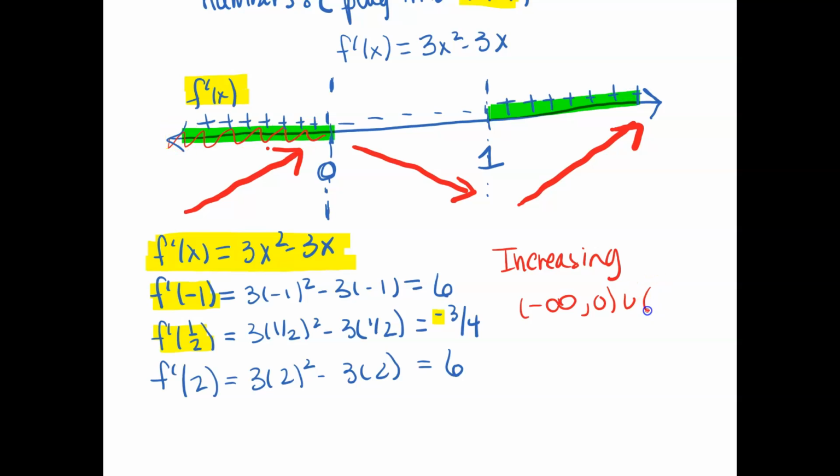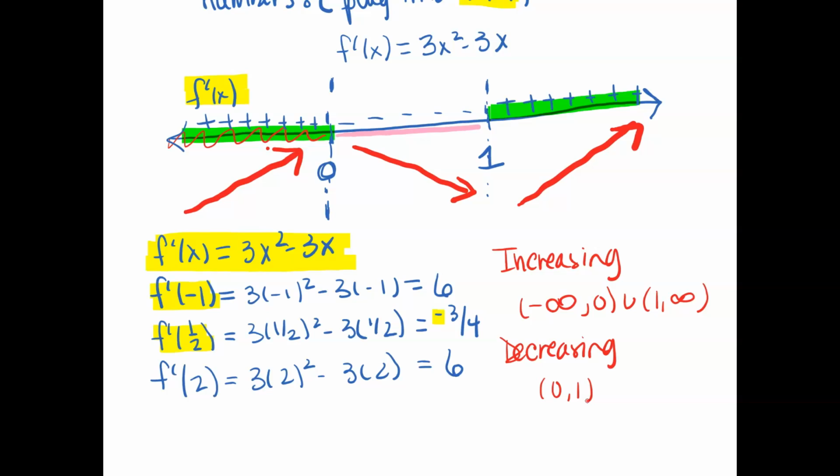And so that would be from 1 to positive infinity. Where is this function decreasing? And that would be just right here in the middle. And so I could write that, and I could say that's from 0 to 1.